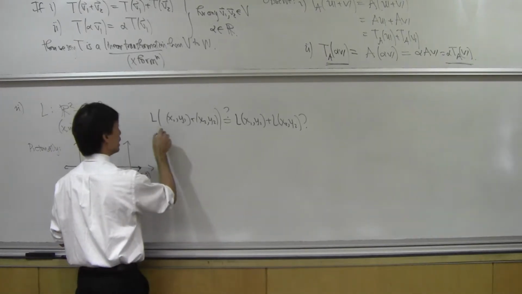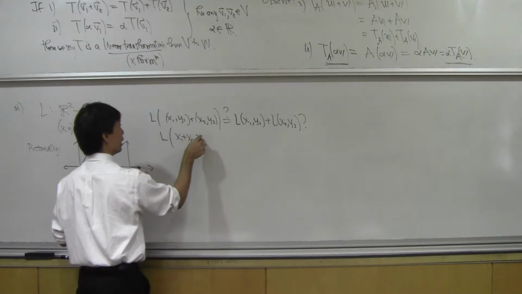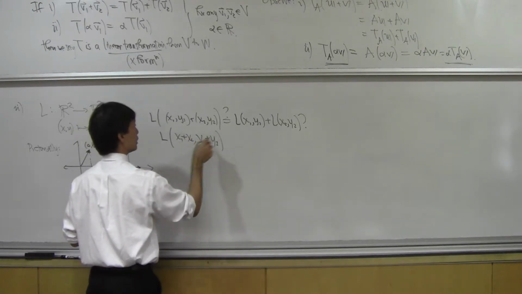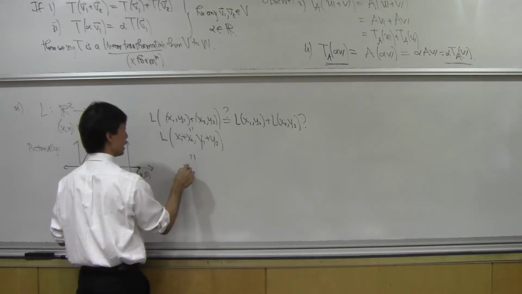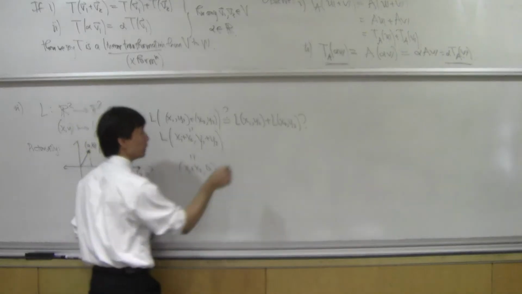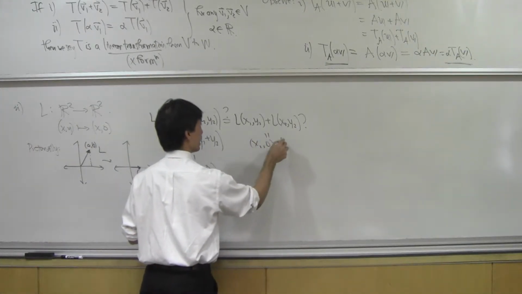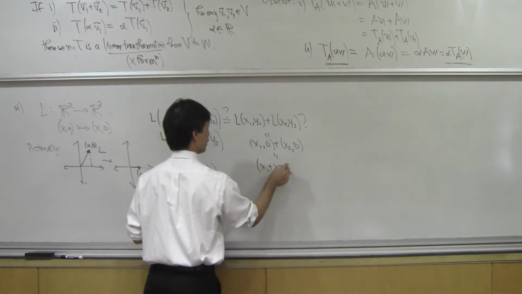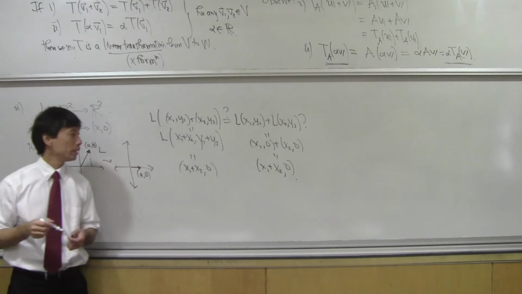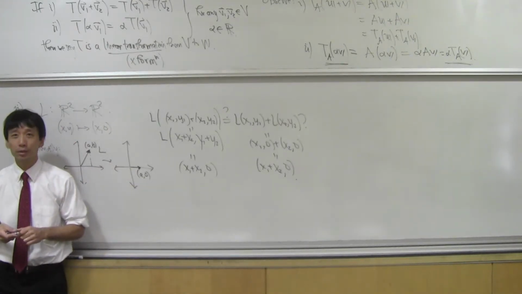Because here you're going to get L of (x1 plus x2, y1 plus y2), which is just (x1 plus x2, 0). And over here you're going to get (x1, 0) plus (x2, 0), and so you get (x1 plus x2, 0). And those two are the same thing.